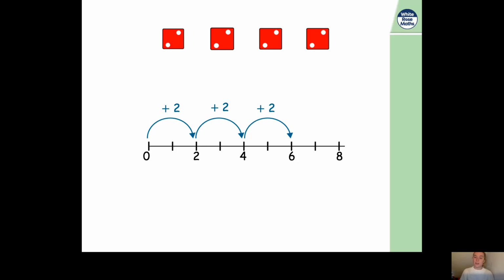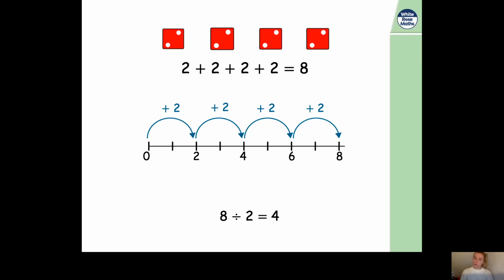And then finally, we've got one more dice. We're going to count up another 2 that will get us to 8. So we can say 2 plus 2 plus 2 plus 2 equals 8. Okay. But we can also say 8 divided by 2 equals 4, because we've started with 8 dots, and we've divided them, we've put them into groups of 2.